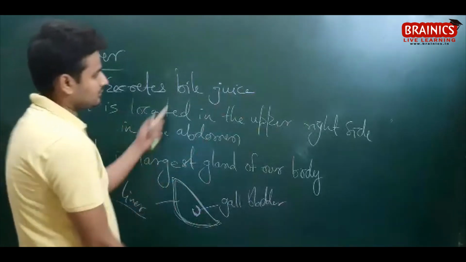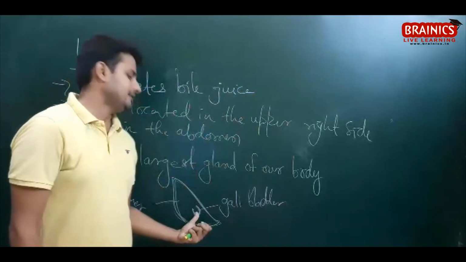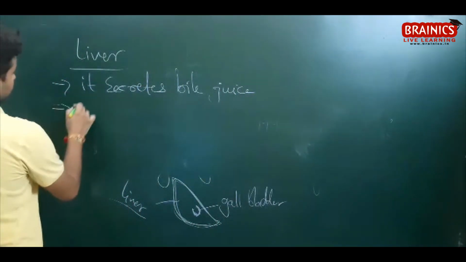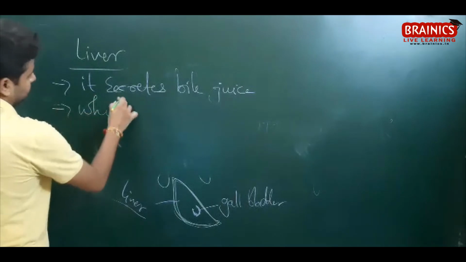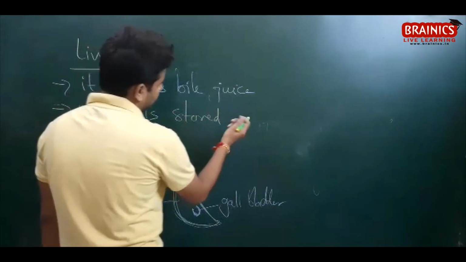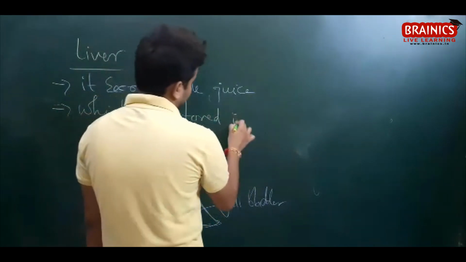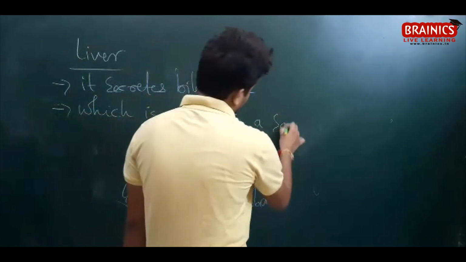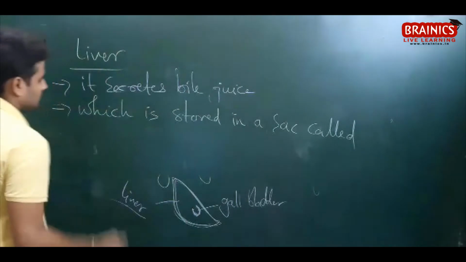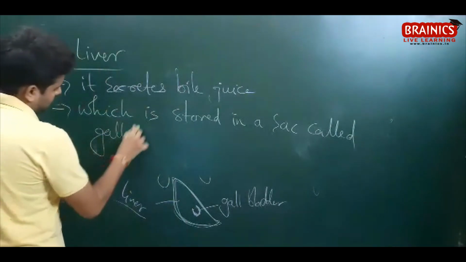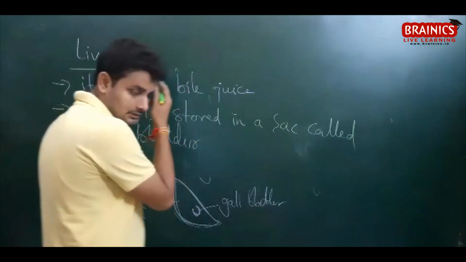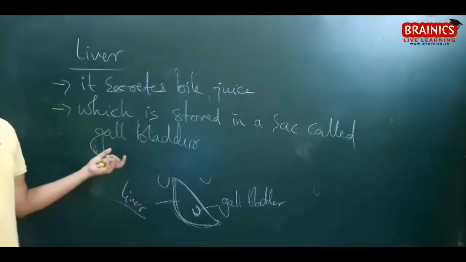It secretes bile juice, which is stored in this sac-like structure called the gallbladder. Okay, so this is called the gallbladder.